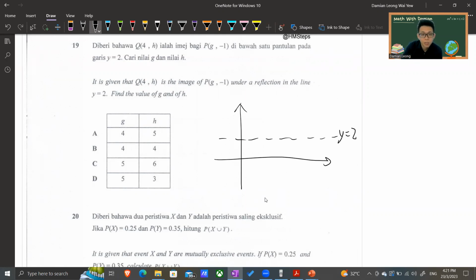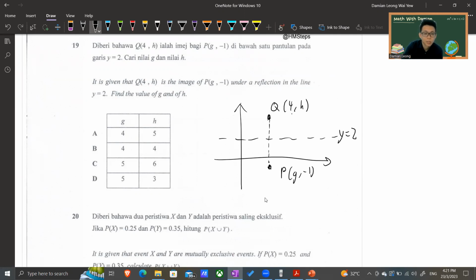P is G, negative 1. So if it reflects over, it will be on top here. Point Q is 4, H. So it basically just shifts downwards.